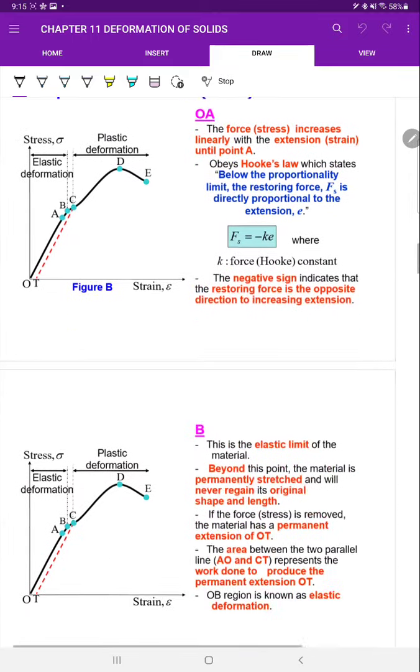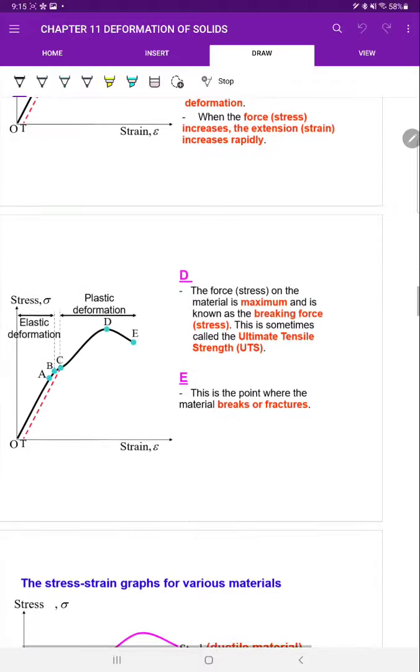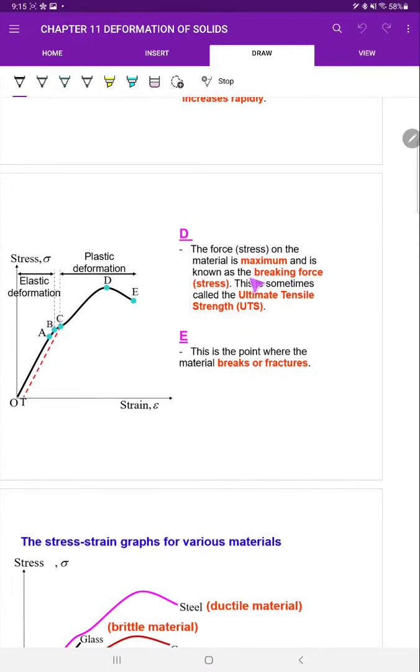The force on the material is maximum here, known as the breaking force, sometimes called the ultimate tensile strength, UTS. While E is the point where the material breaks or fractures. Sini dah pecah lah, putus lah.